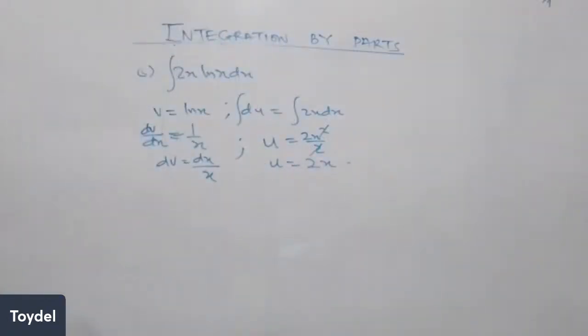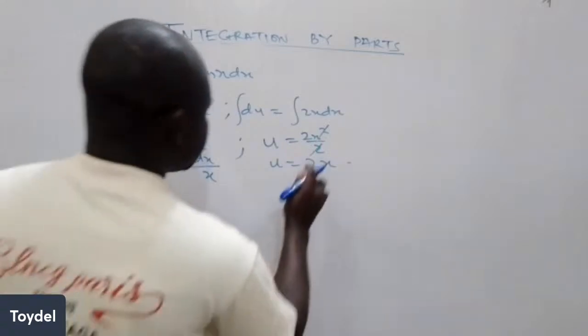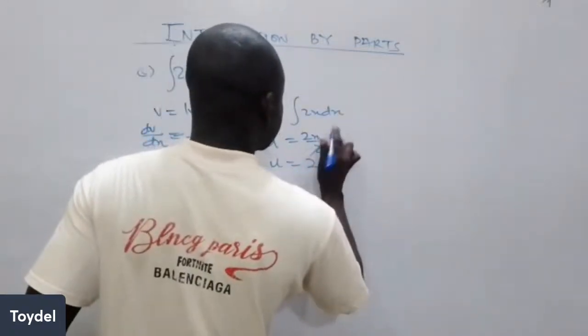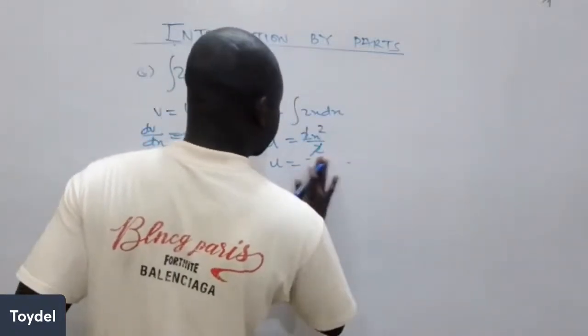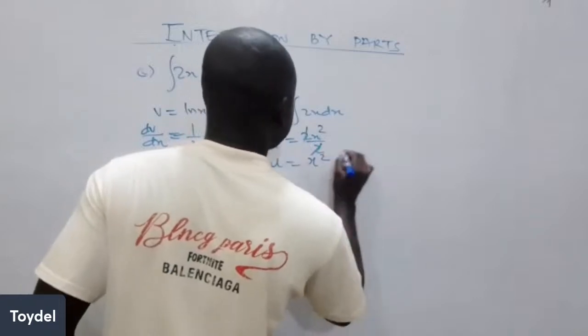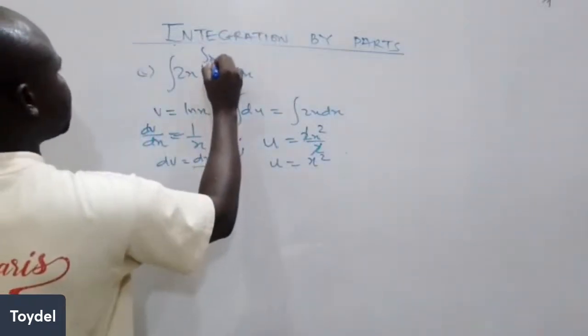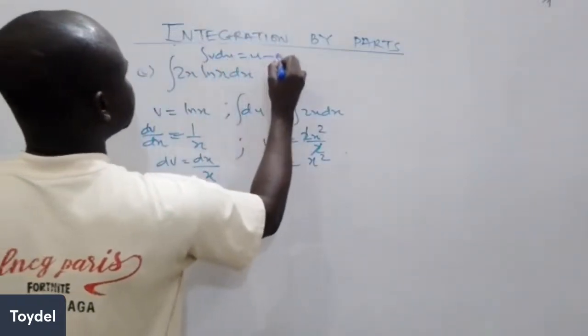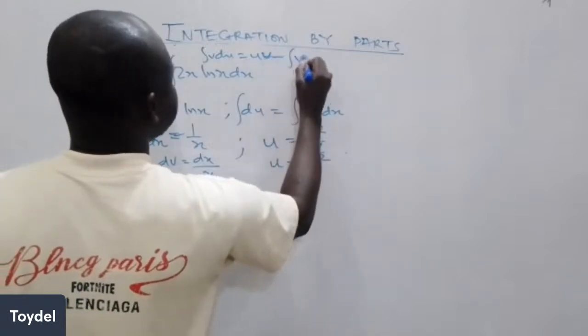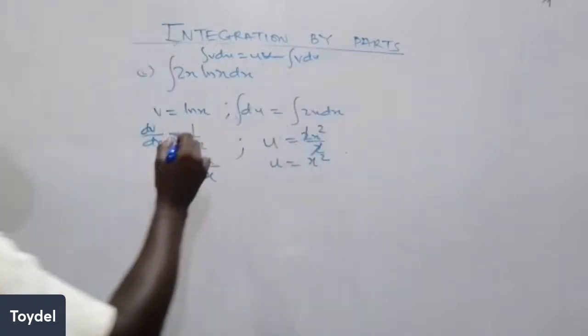Then I'll go back and substitute these values into what we are given. So what is the formula? Integral v du is equal to uv minus integral u dv.